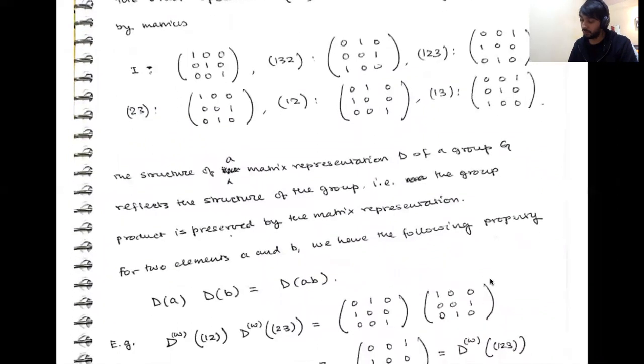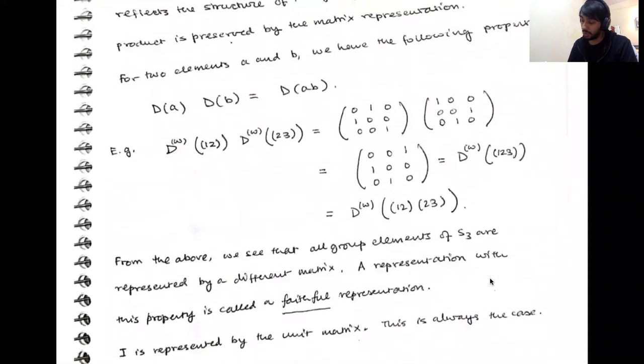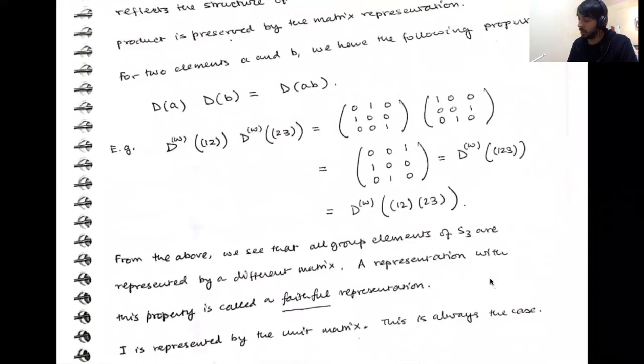And you could see for yourself that when you looked at the multiplication of two elements, the group property will be obeyed. So dA, the representation of the A-th element, and dB, the representation of the B-th element, when you take the product of them, it will become the representation of the AB-th element. This is something that you were supposed to do. Hopefully, you have done it. Otherwise, you would find time to try and do it in a bit.